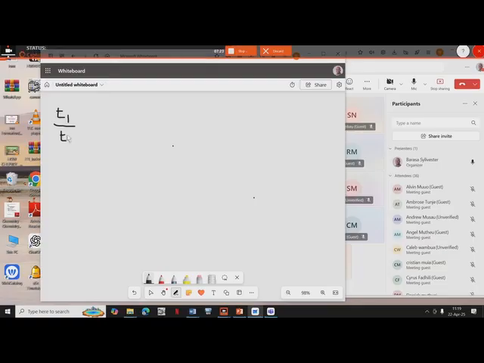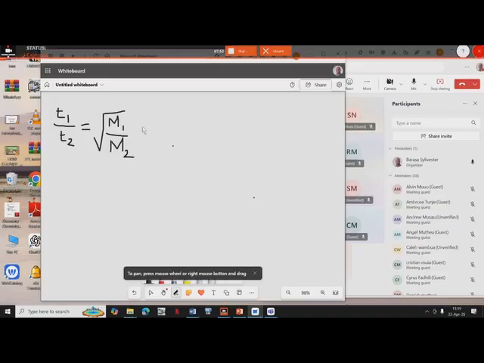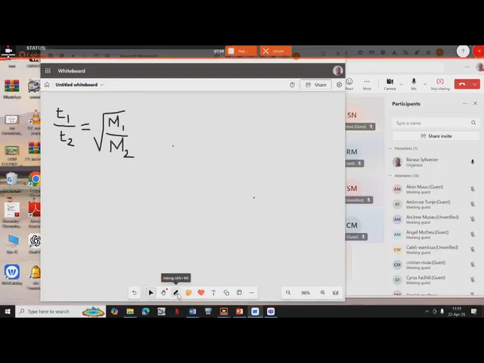So I can also compare the time taken by gas 1 to diffuse in relation to the time taken by gas 2 to diffuse. These will be equal to the square root of the mass of gas 1, relative molecular mass, the mass of the molecule, divided by the mass of gas 2. So that will be the third equation.